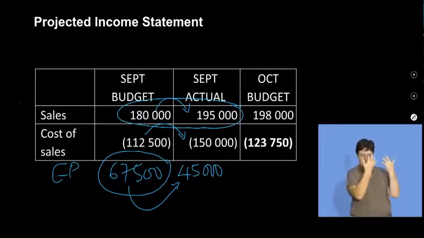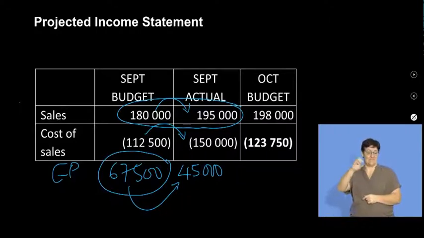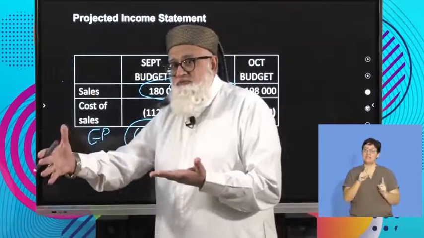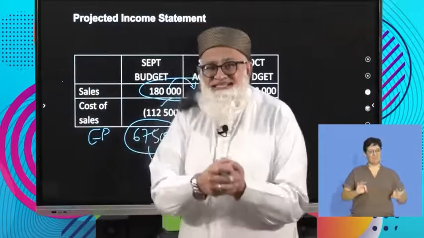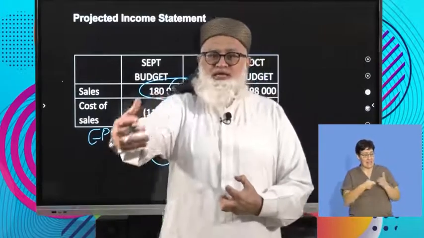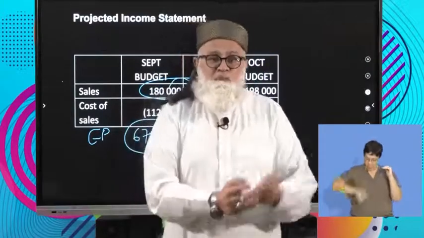Definitely. The sales that you budgeted for was 180,000, but the actual sales were 195,000. However, that change did not give us the desired effect. Why? The idea to increase your sales is to increase your profits.